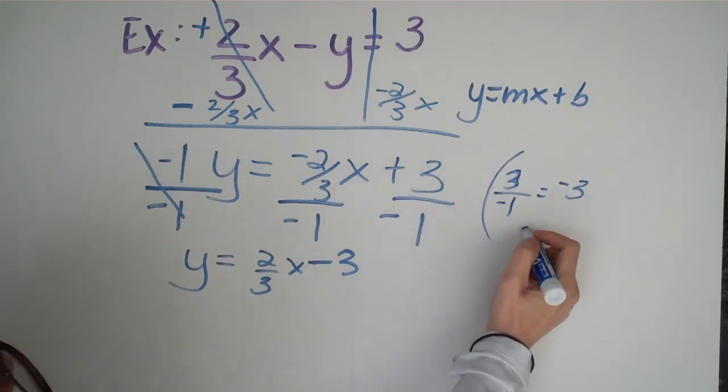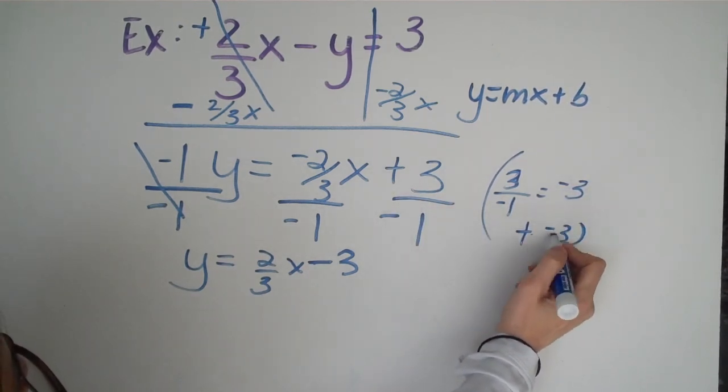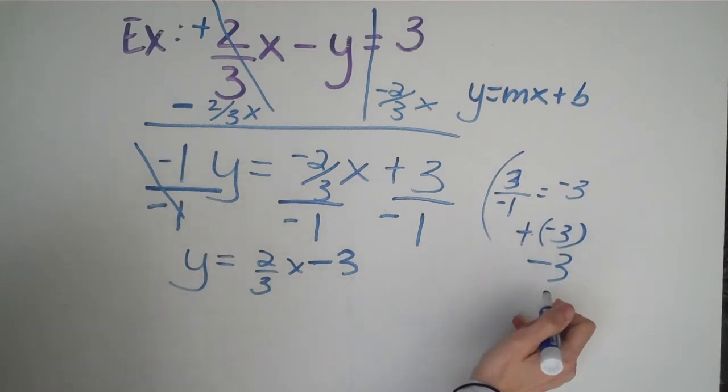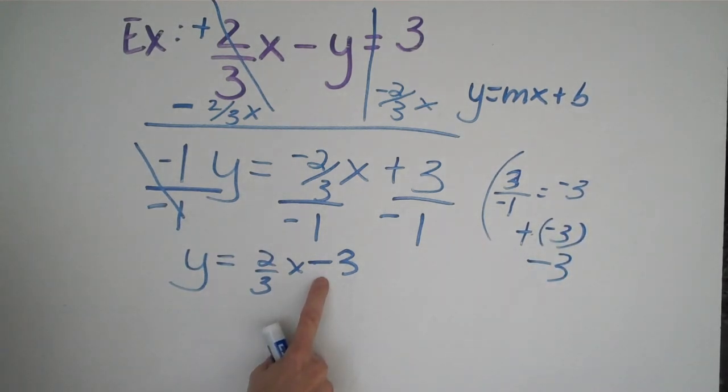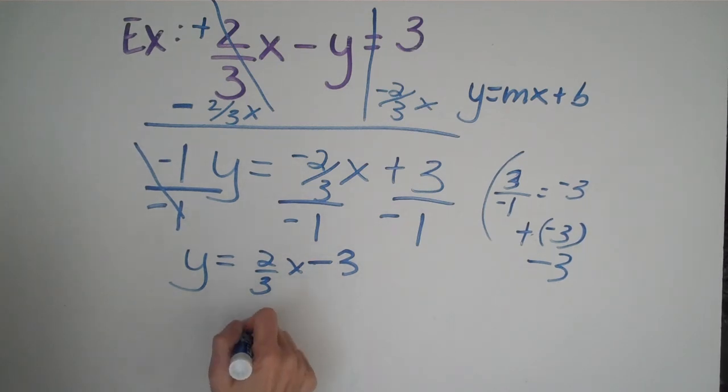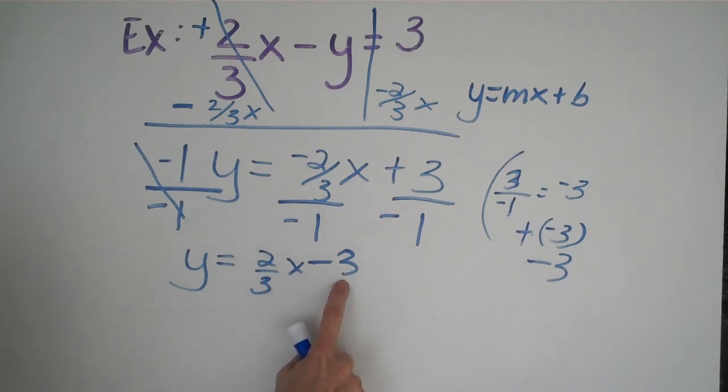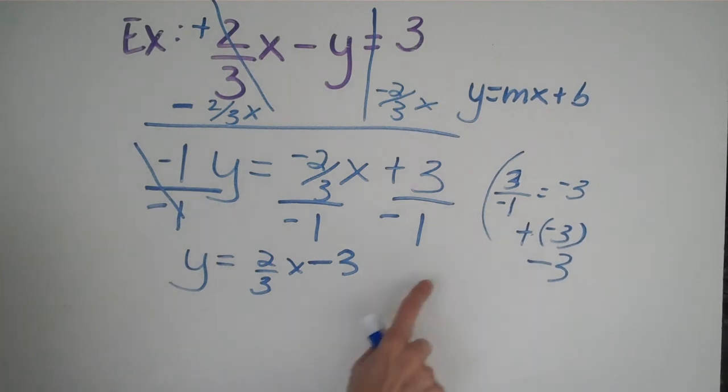And when you have plus a -3, it's the same thing as a -3. That's why I wrote a -3 right there, okay? So that's where that came from. So in this example, the m, the slope, would be 2/3, and the b would be -3, because adding a negative is the same as subtraction. So the b would be -3 there.